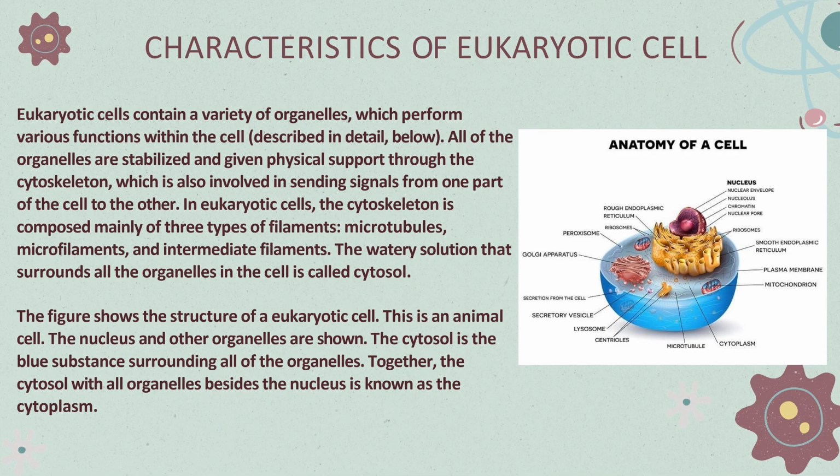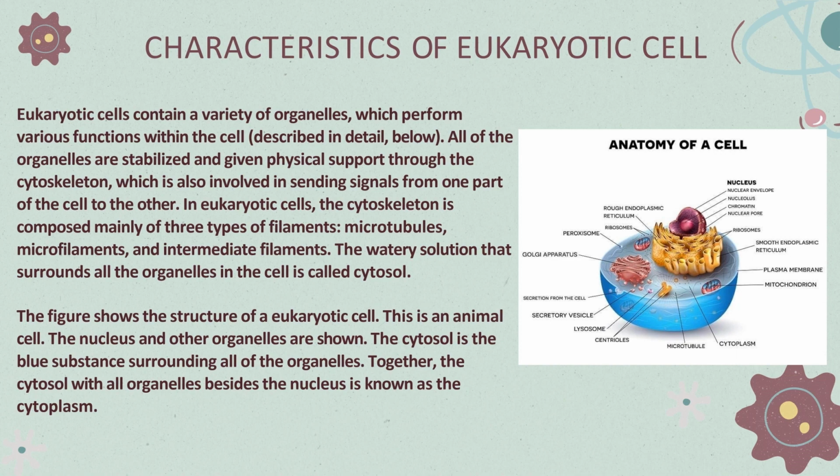So what is a characteristic of a eukaryotic cell? This cell contains a variety of organelles which perform various functions within the cell. All of the organelles are stabilized and given physical support through the cytoskeleton, which is also involved in sending signals from one part of the cell to the other.